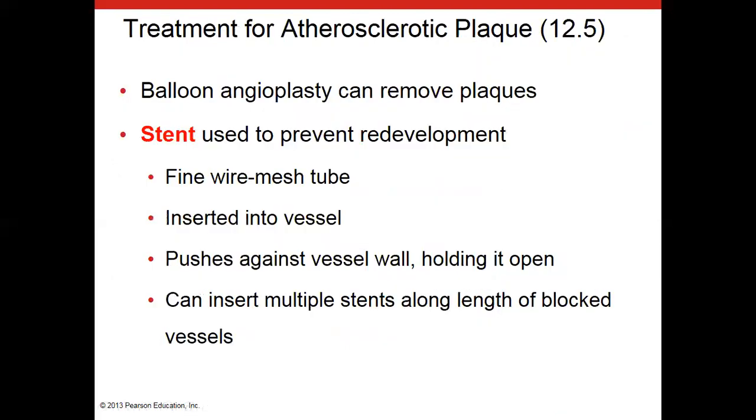To treat coronary artery disease, you can do a couple of things. You can put a little tiny balloon into the vessel, and that helps remove the plaque. Basically, it just breaks up the plaque and allows it to be circulated on. Or after that, you can put in a stent to prevent the redevelopment of a plaque. That stent is basically a little wire tube that keeps the vessel wide open and prevents plaques from forming.